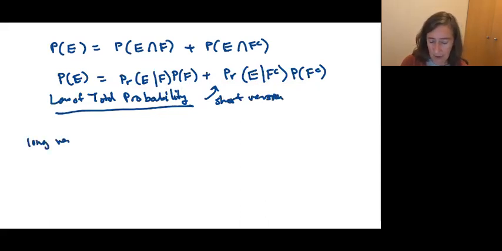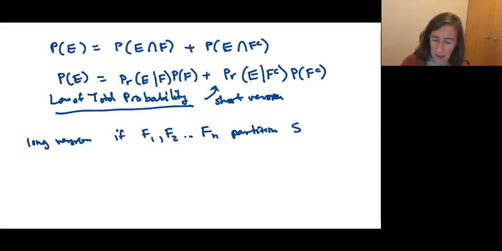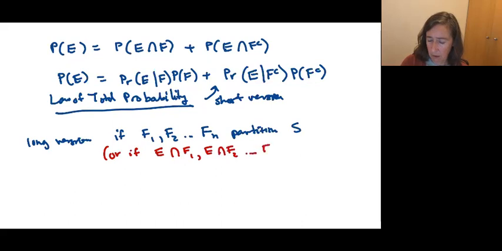The long version is long just because it's a different kind of partition of E. So if F1, F2, through Fn partition S, or if E intersect F1, E intersect F2, all the way down to E intersect Fn partition E. The thing in red could be true without the thing in blue.